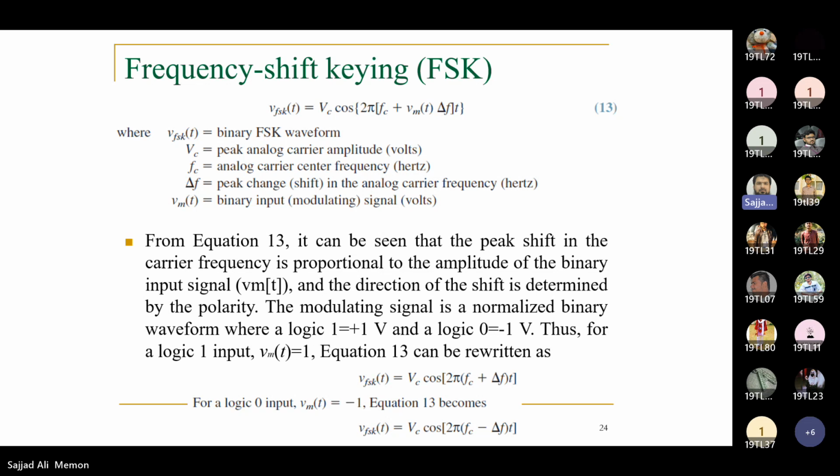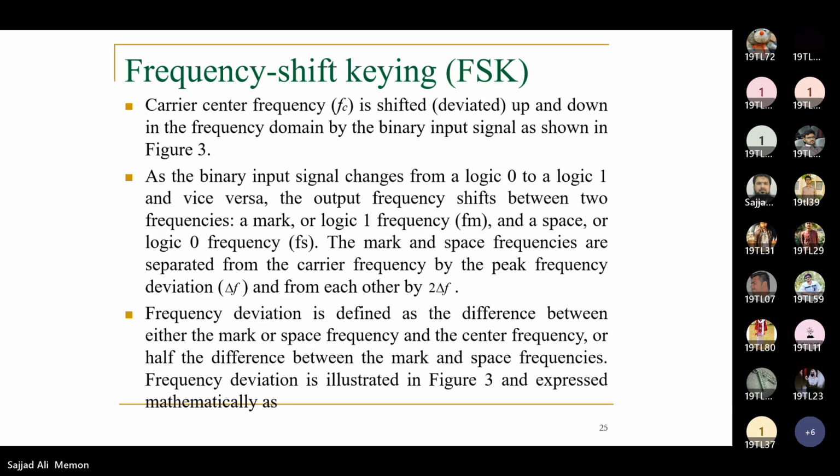And when we have logic 0, that is input Vm of t equal to minus 1, then it is a negative shift in the carrier frequency, that is fc minus delta f. And delta f is your peak change shift in the analog carrier frequency. So the carrier center frequency is shifted or deviated up and down in the frequency domain by the binary input signal, as shown in figure 3.